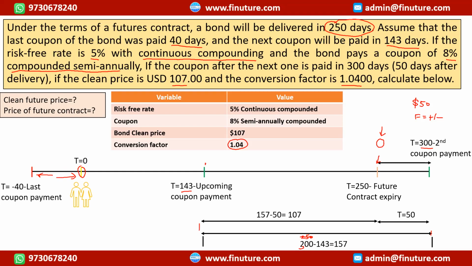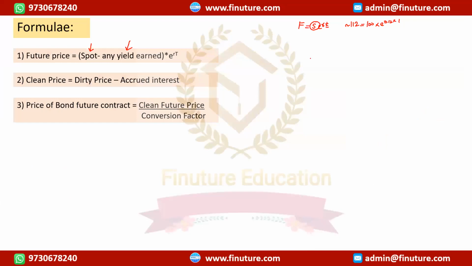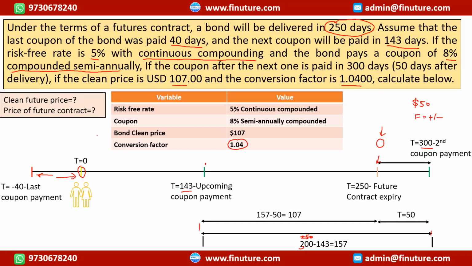So there will be some addition to 107 if someone has to buy a bond. So actual spot price of this bond is equal to this clean price plus accrual. So I'm trying to calculate spot in this. So let me just label this as 1. So this spot would be equal to 107 plus accrual between this time window.